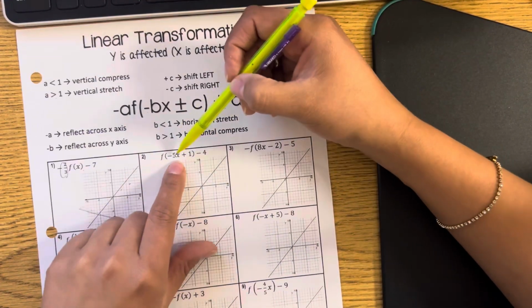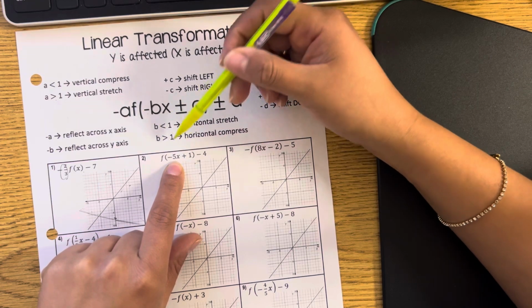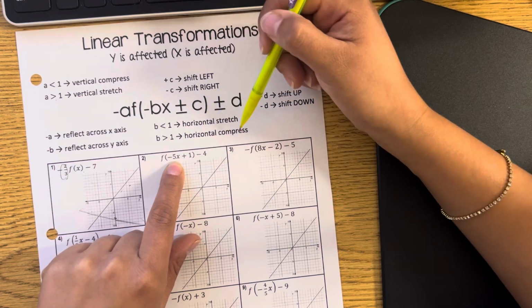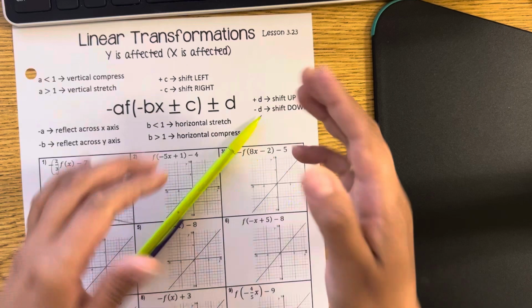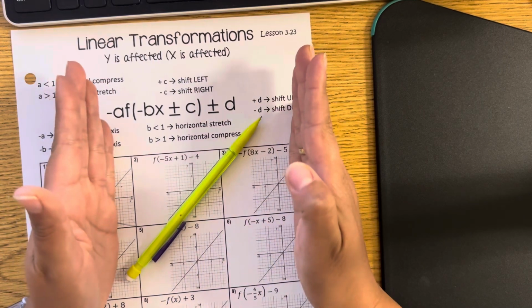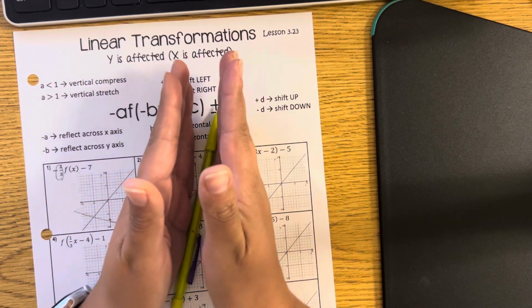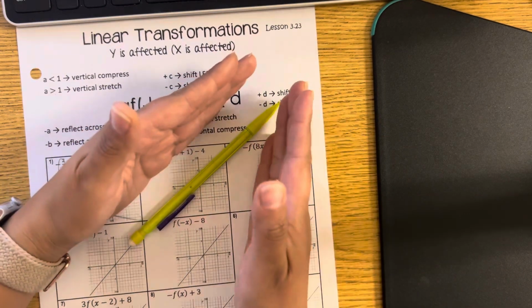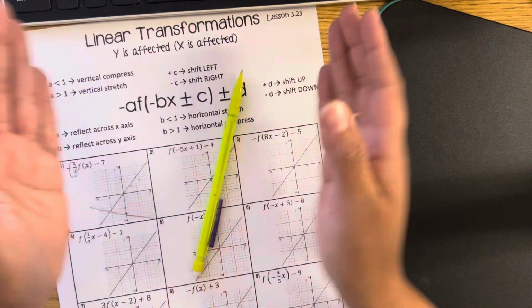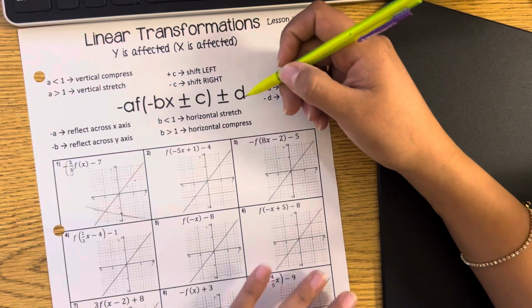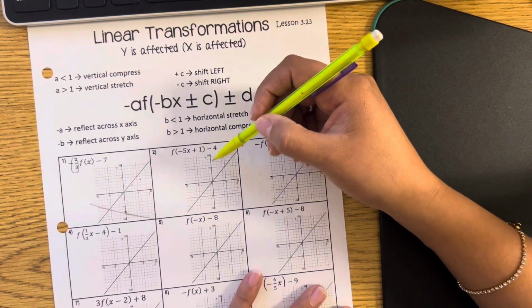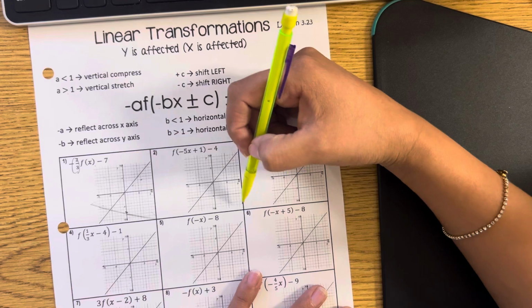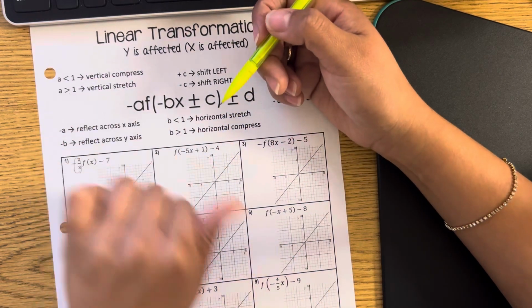But then the 5 is the B value, and since it's greater than 1, it's a horizontal compress, which means if I push it from side to side, it's going to steepen by 5. So B greater than 1 means it steepens by 5 there. And so then it's not only pointed down, but it's also going to be steeper.